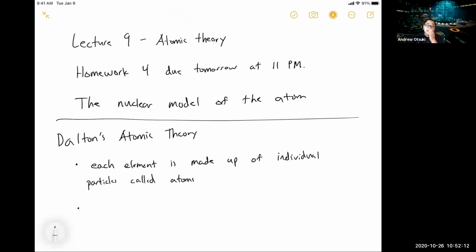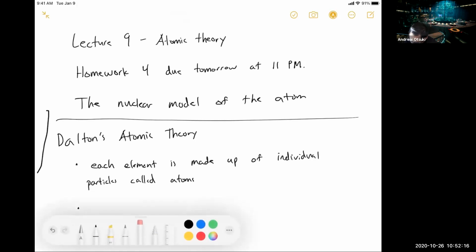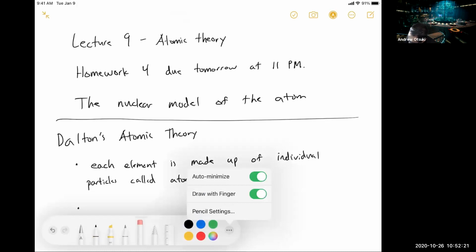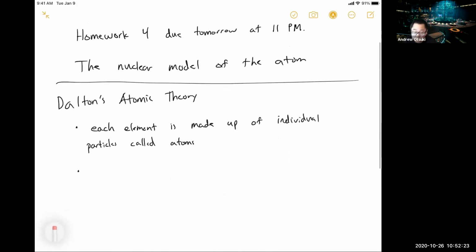The thing to know about atoms is that they are indivisible. That means we cannot break them into smaller portions or smaller pieces. Atoms are indivisible.